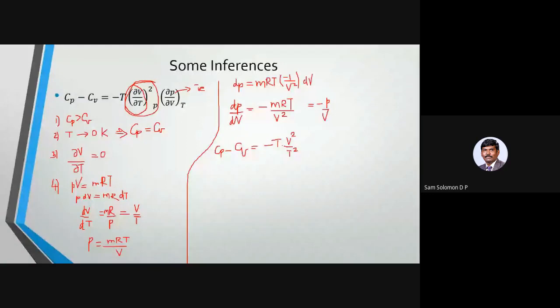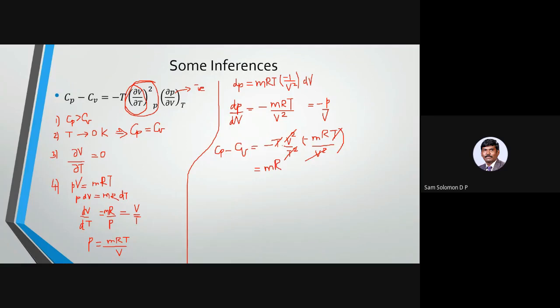I think we can substitute with minus mRT by V squared directly, because we have a V squared in the numerator, so it is easy to cancel. So V squared and V squared we can cancel. This T and T in the numerator becomes T squared, and this T squared can also be cancelled. And minus into minus will be plus. So Cp minus Cv is m into R, which is absolutely right.